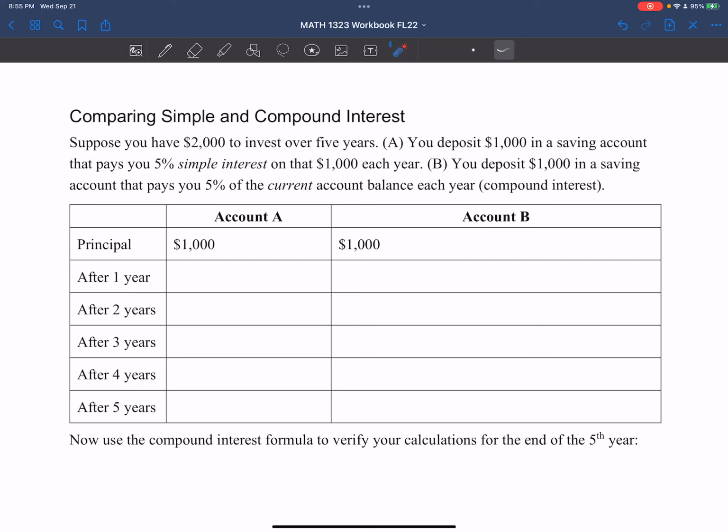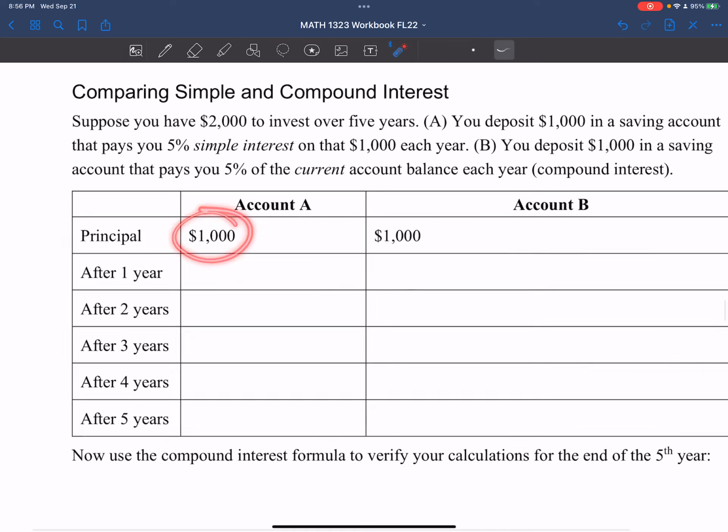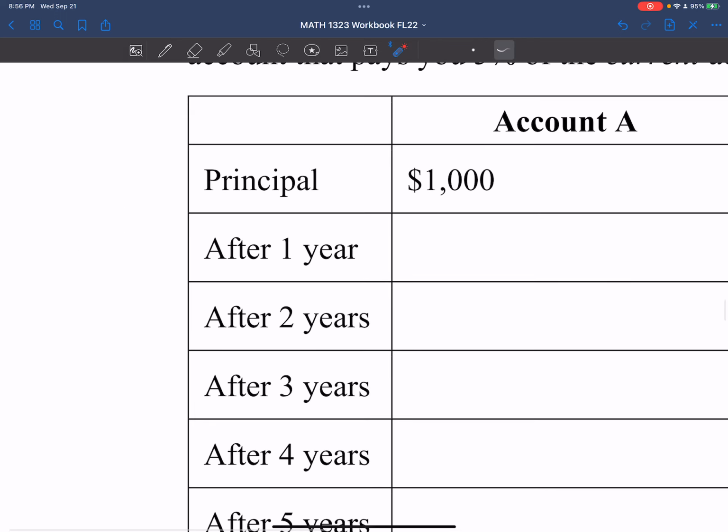So let's go ahead and just consider how much is going to be in that account after 1 year. Account A is going to use simple interest. Simple interest is the same formula from earlier.